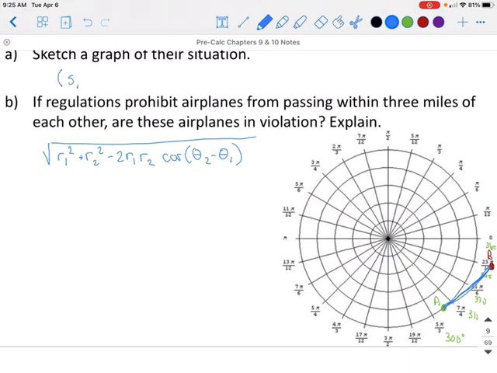Remember, r1 was 5, theta 1 was 310 degrees, r2 is 6, and theta 2 was 345 degrees.